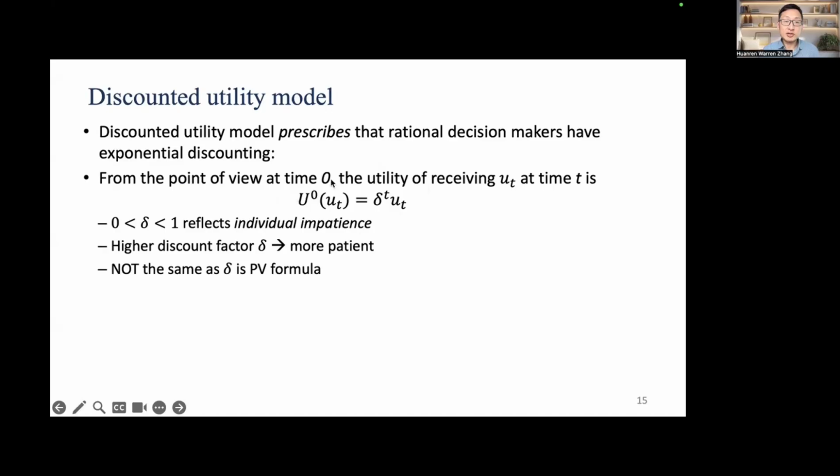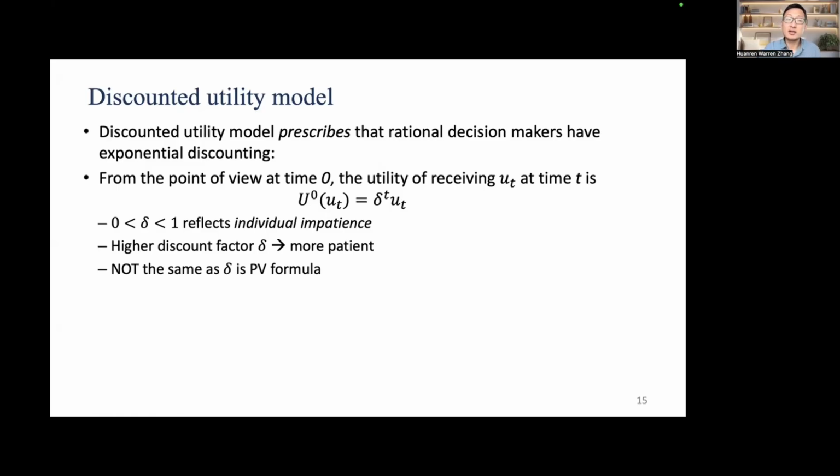Right? So the utility of receiving ut at time 0 is the future utility multiplied by the discount factor to the tth power, meaning that the future utility is discounted to get the current utility. That's why it's called discounted utility model.